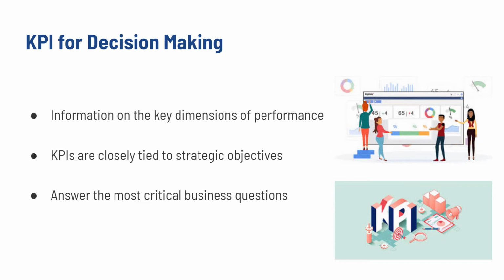For example, taking your blood pressure and measuring your cholesterol levels, heart rate and body mass index as key indicators of your health. In our organizations, the most effective KPIs are closely tied to strategic objectives and help to answer the most critical business questions.